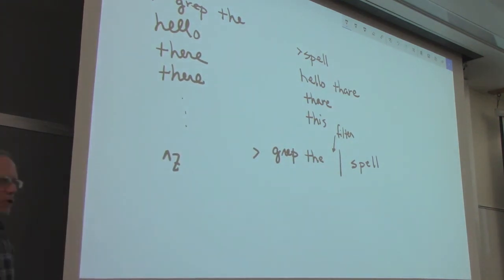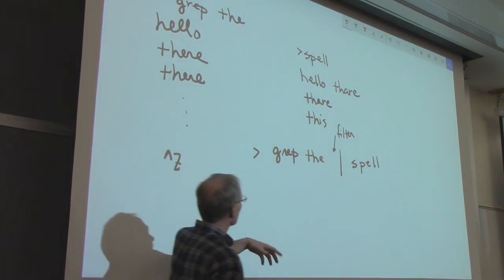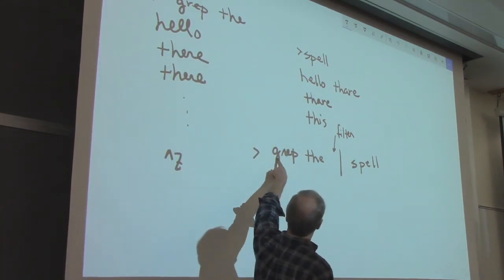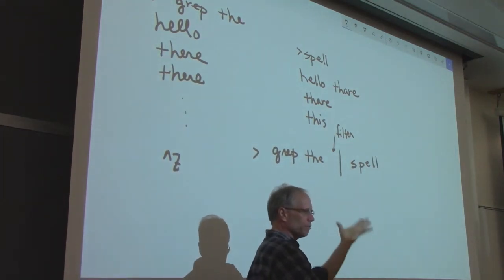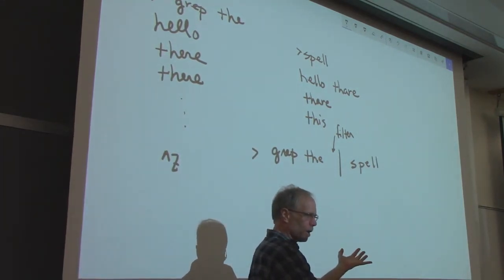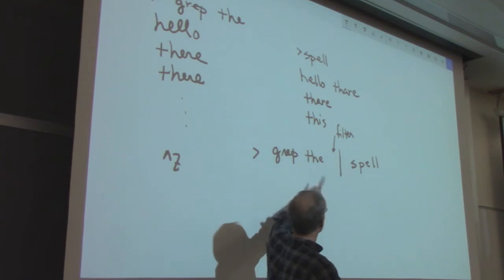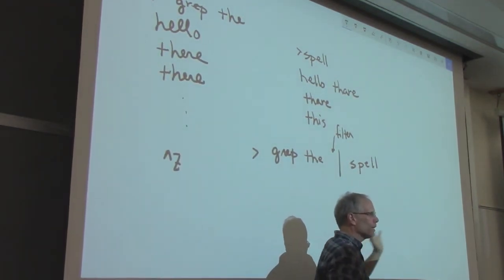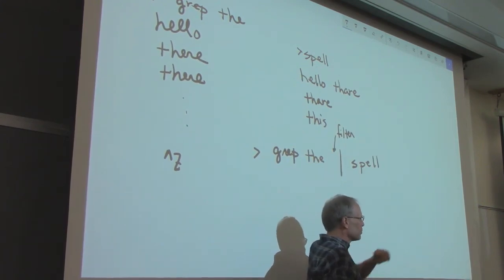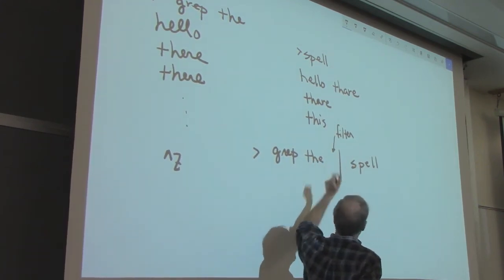So the way pipe works is, the first command in the pipeline reads from standard input, just from the console. Its output is made available to this program on its standard input. So this thing gets as input the output of this program.